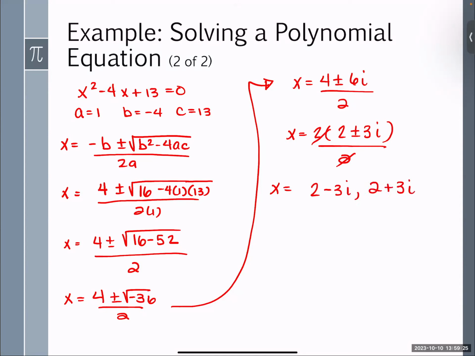And they are complex conjugates of each other because the only difference in the two numbers is the sign of the imaginary part. So what are my solutions to this? Well, 1, 2 minus 3i, and 2 plus 3i. And the 1 is repeated twice, but I don't need to write it twice.